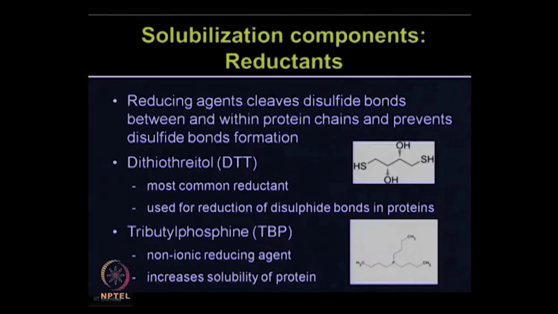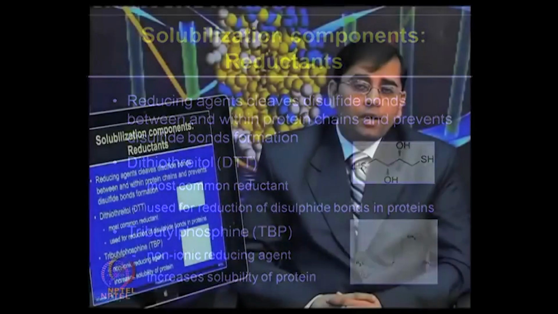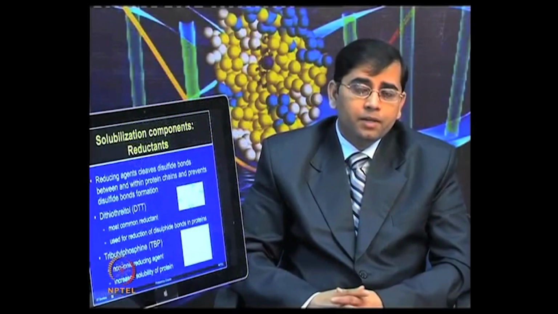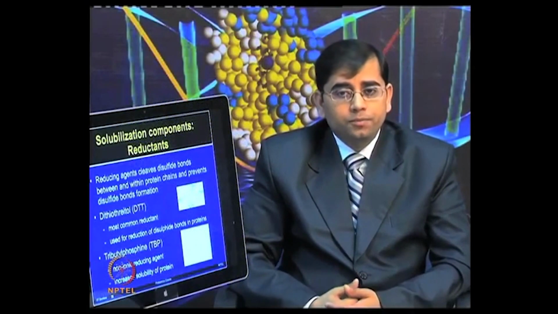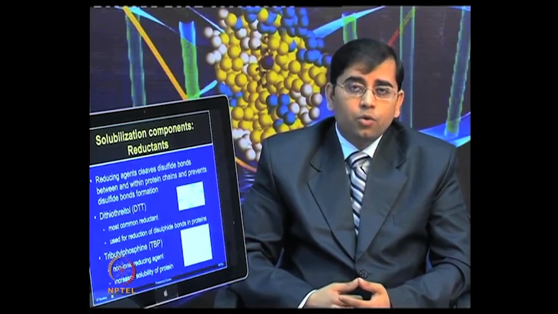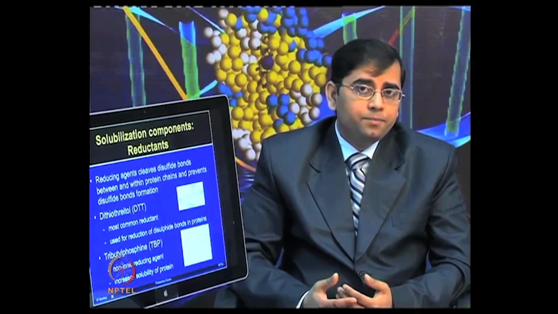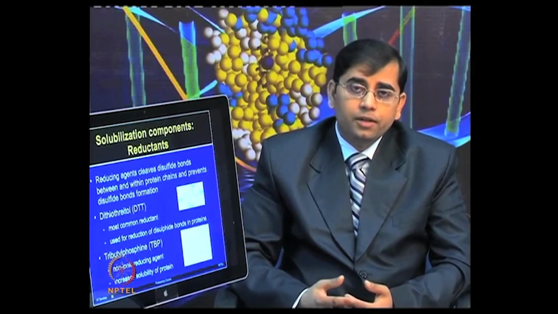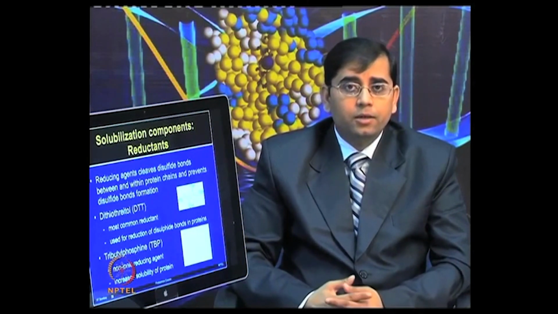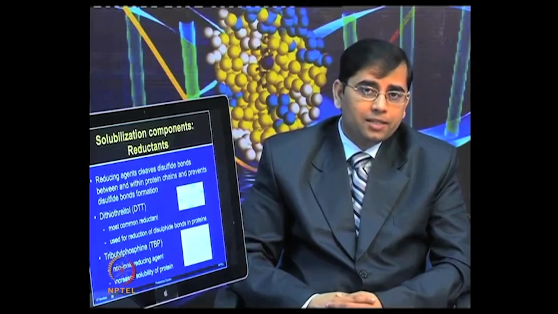Tributyl phosphine or TBP is a non-ionic reducing agent, another very commonly used reducing agent when the aim is to increase the solubility of the proteins. Often it is used in 2DE based gel based proteomic applications.